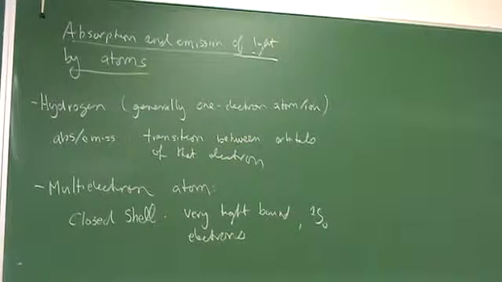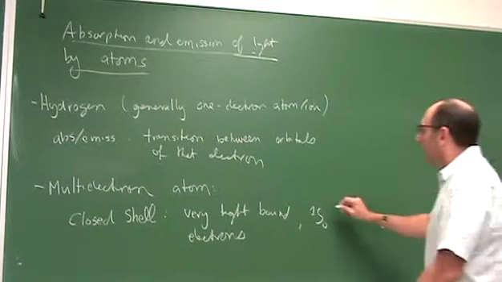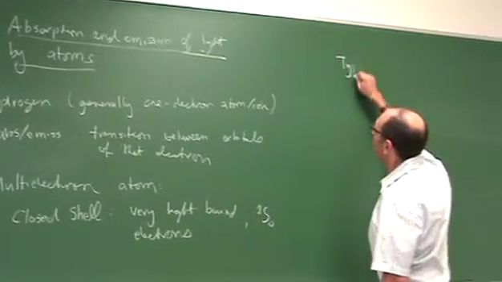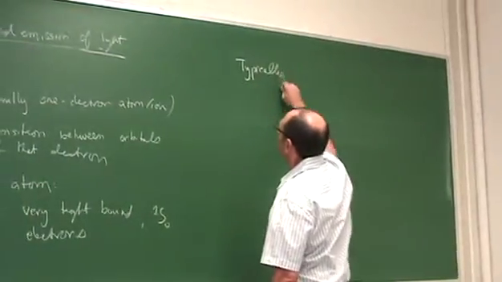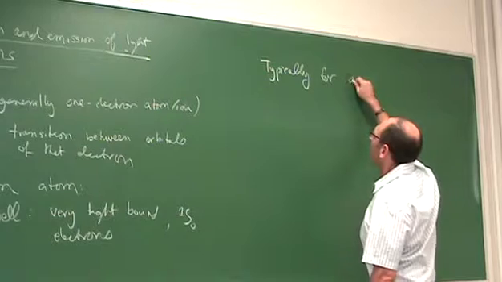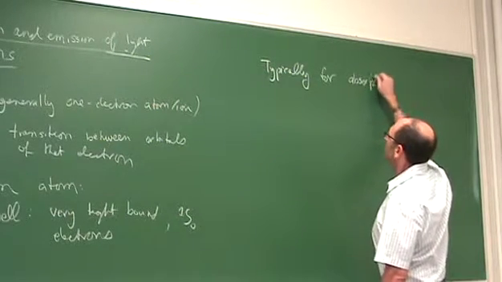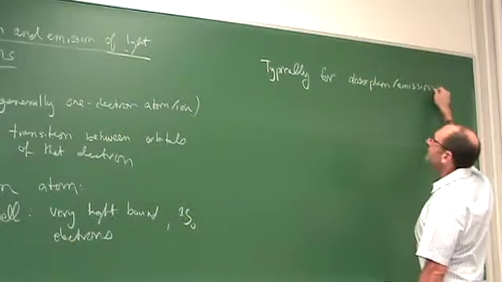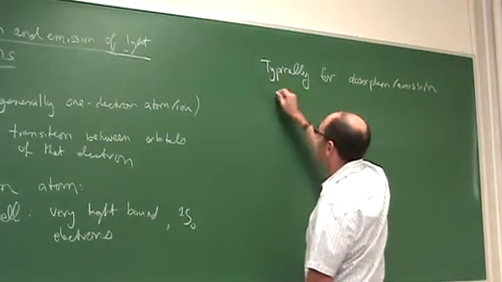And one talks about, for absorption and emission, one divides the electrons into two classes.